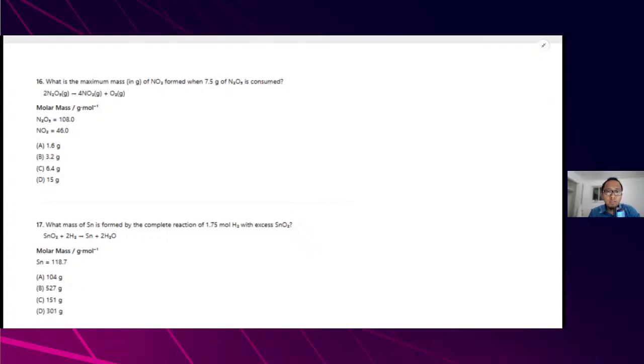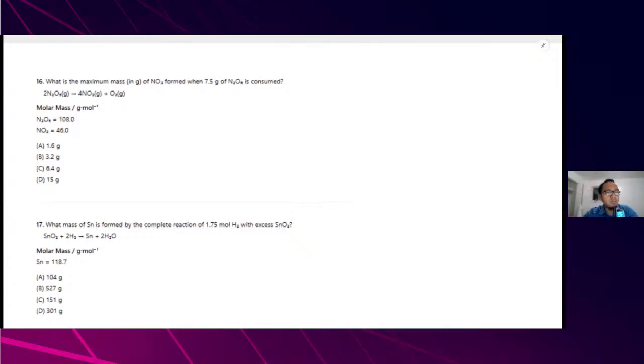For the next question we still have the same thing. Most of the questions are about how much mass of a certain molecule or compound is produced, using basic stoichiometry.